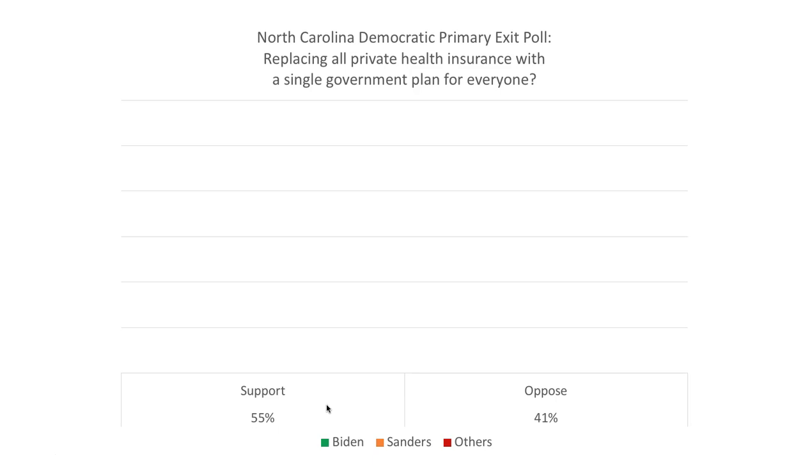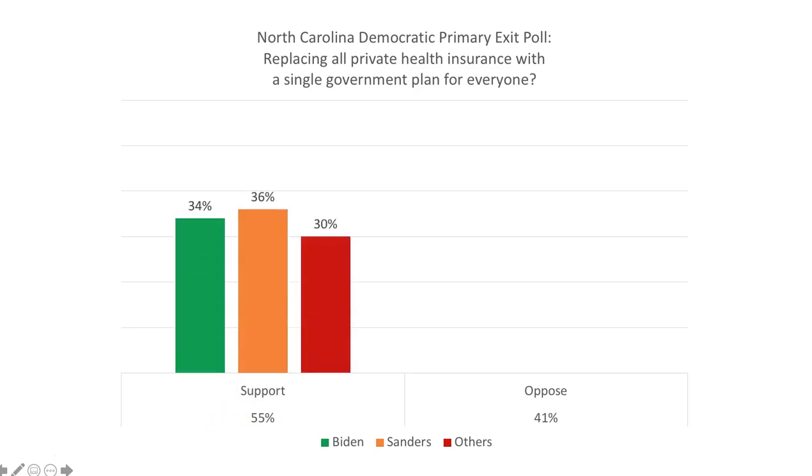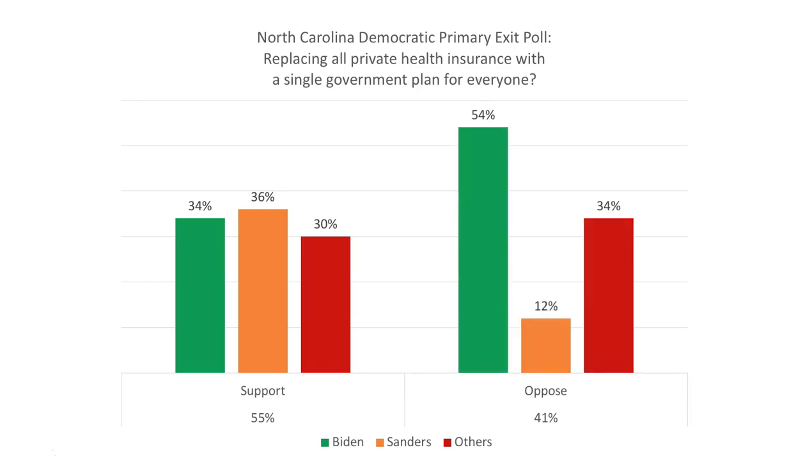But notice that among North Carolina Democratic primary voters, a majority of them support the idea of replacing private health insurance with a single government plan. Those who support that idea were fairly evenly split, with Bernie Sanders leading 36 to 34. More impressively, those who opposed this idea, about 40%, went overwhelmingly for Joe Biden. So I think that illustrates the differences within one political party over a core issue like healthcare coverage.